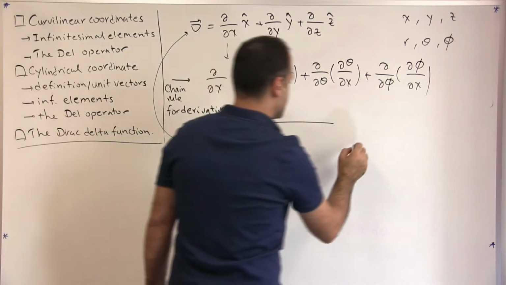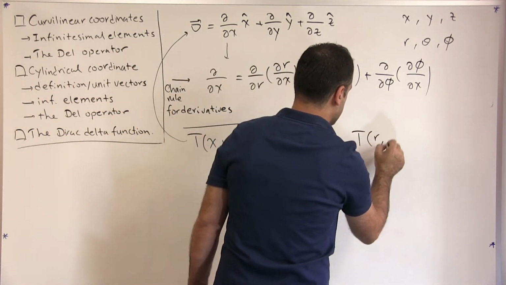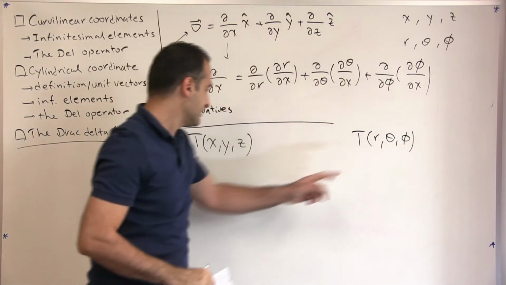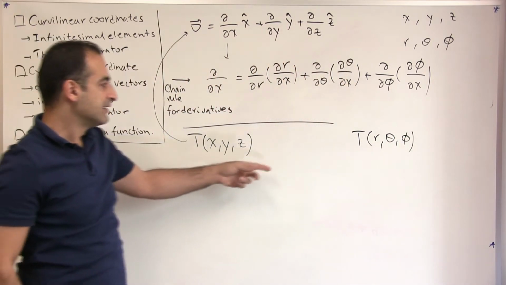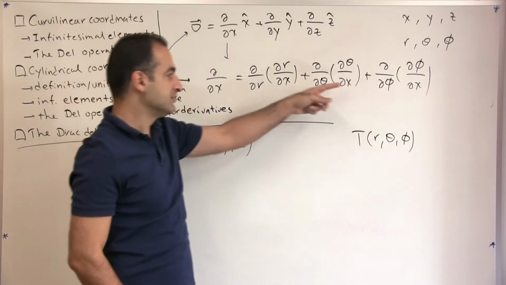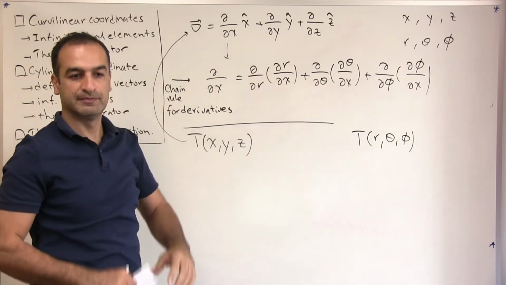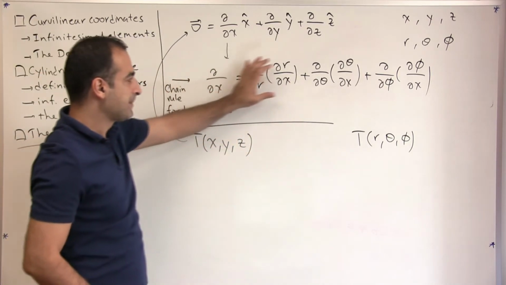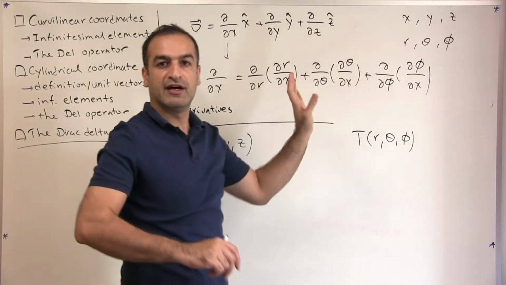But if we have the same function in terms of r, theta, and phi, where we cannot directly get this derivative, then what we should do is use this chain rule. The expansion of this conceptually is not difficult.